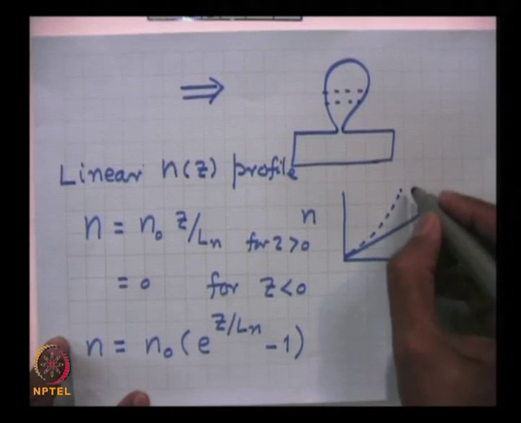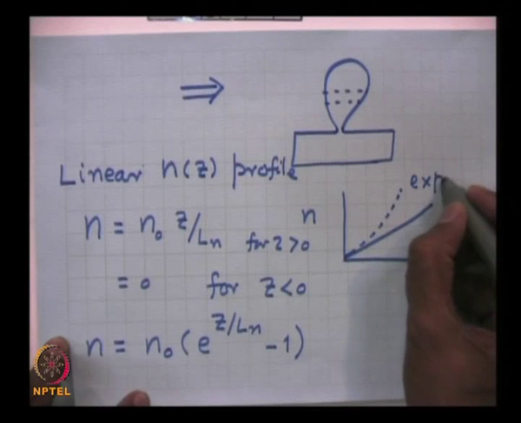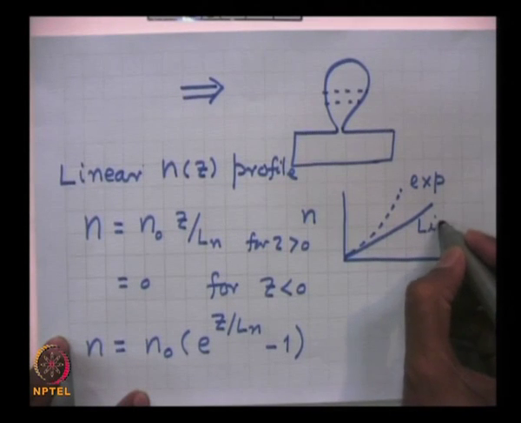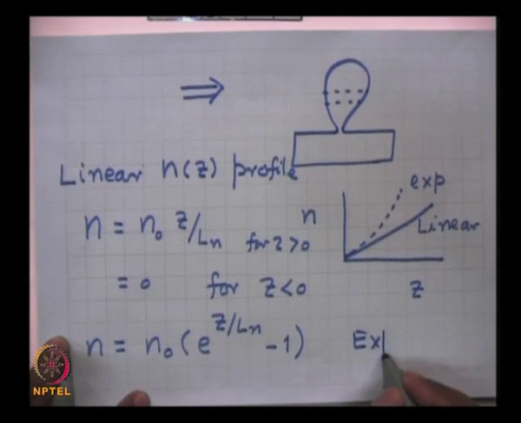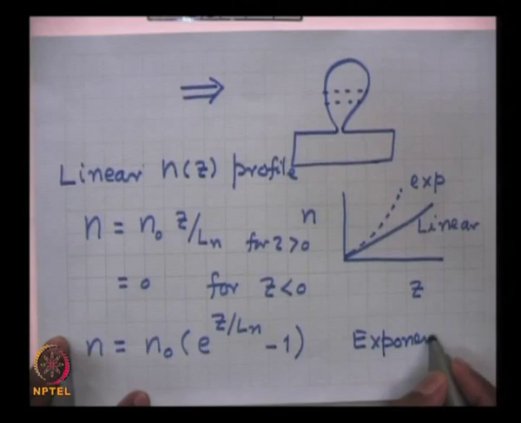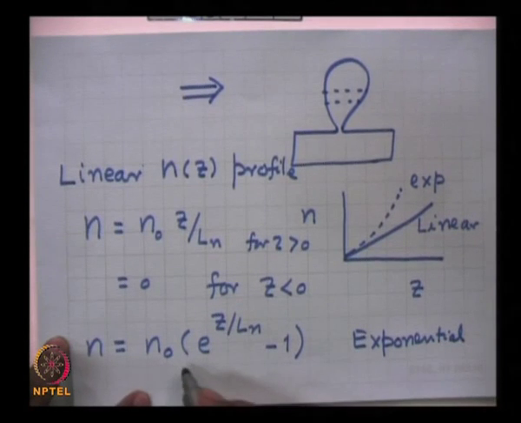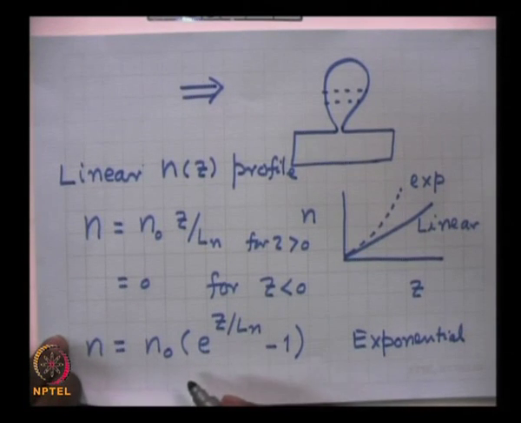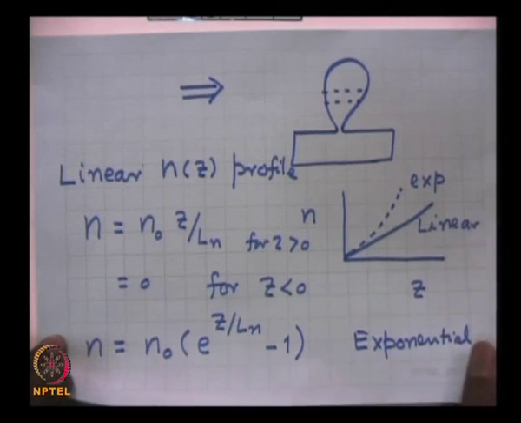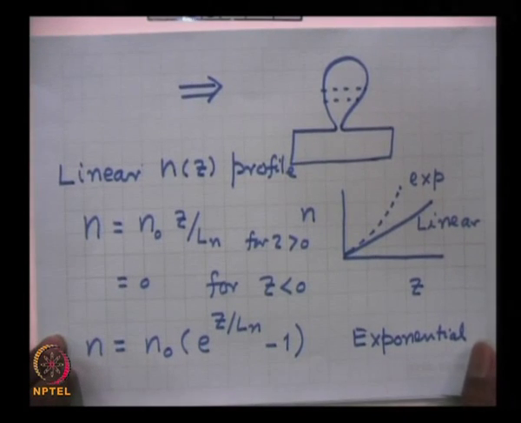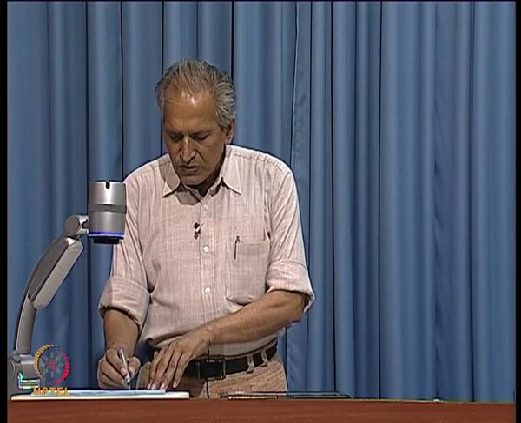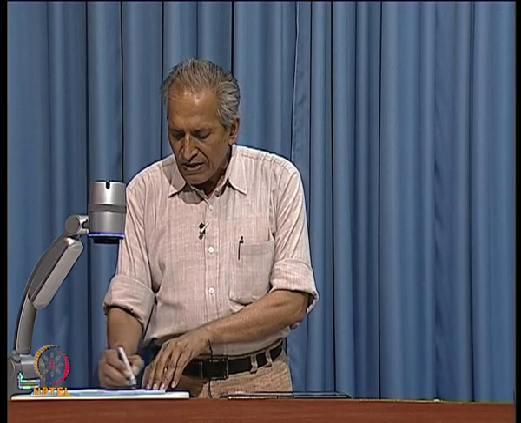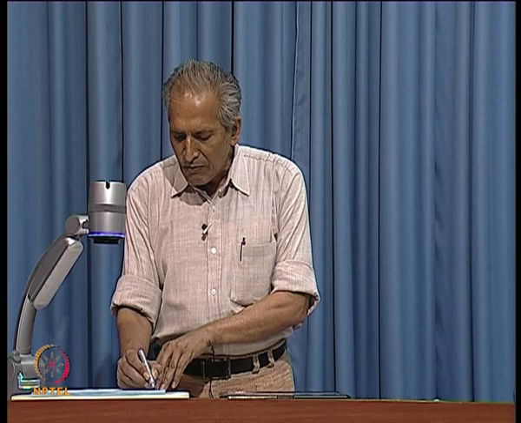So, this is called exponential density profile, this is called linear density profile, this is exponential. Both kinds of profiles are observed in realistic laboratory plasmas as well as in space plasmas. Another important density variation that occurs, especially in laser plasma interaction, is called the parabolic profile.